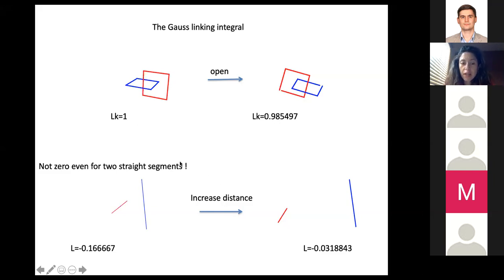Another property of the linking number, as we said, is that it depends on the geometry, and it is an average half algebraic sum of crossings. And even for straight segments, this is giving a non-zero number. You can find projections of even 2 straight edges where they will cross. And so this number is a real number which decreases in absolute value as we increase the distance.